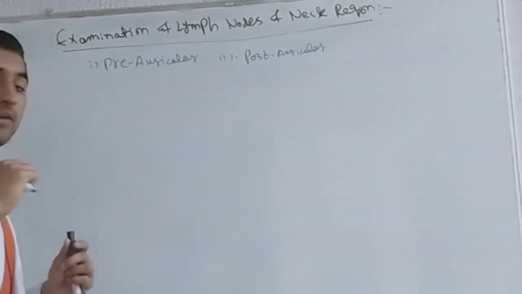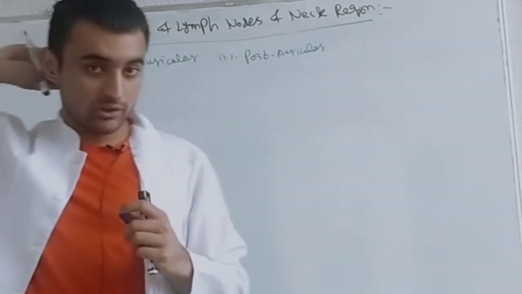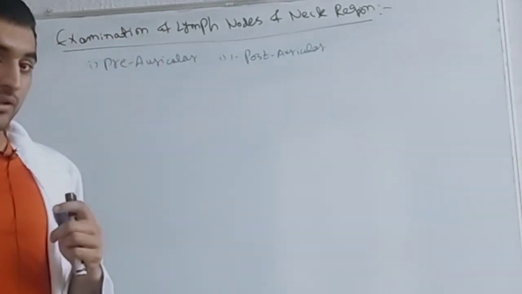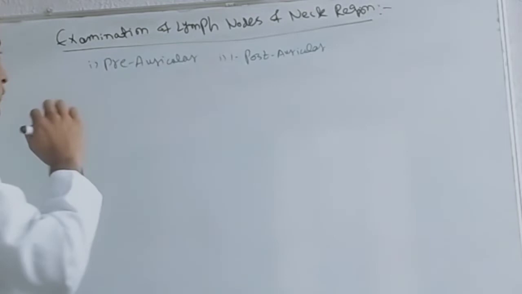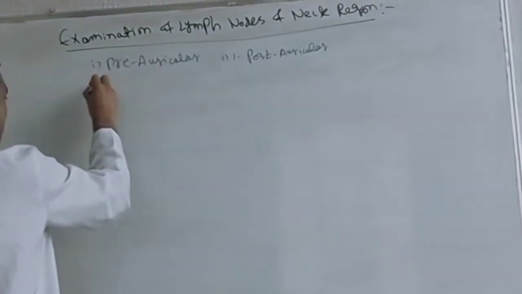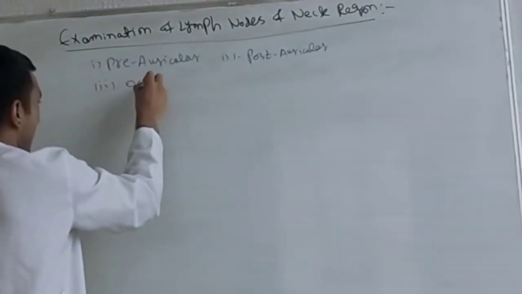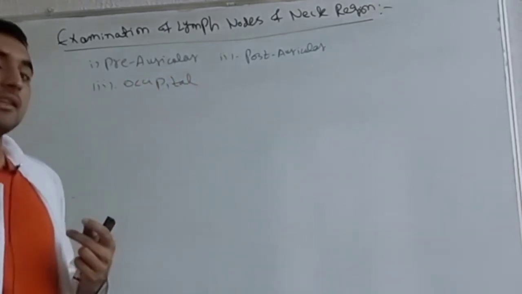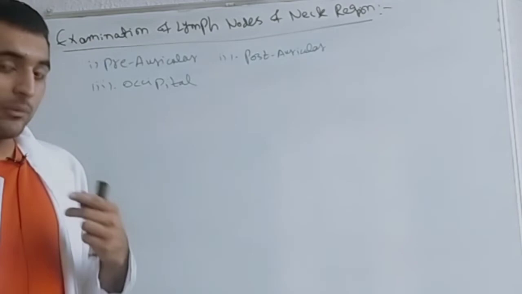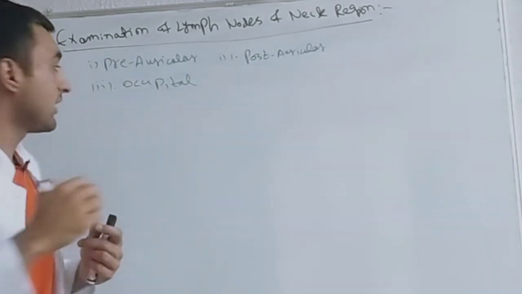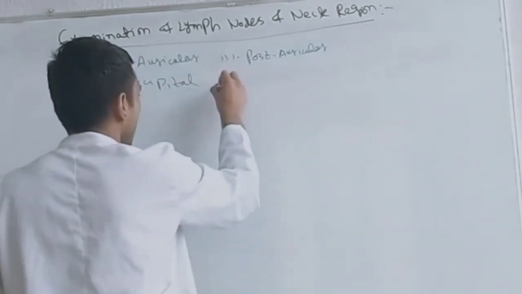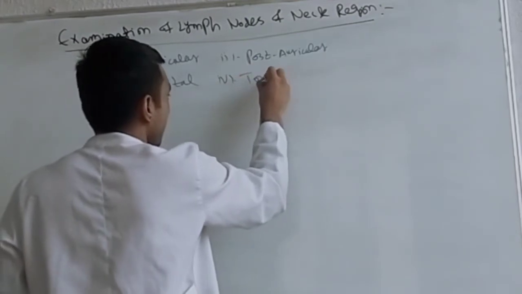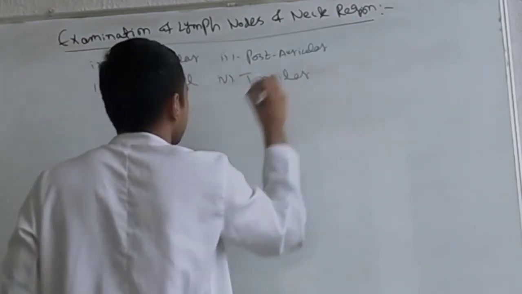After this, the third lymph node is the occipital lymph node, in the occipital region behind the occipital bone. Then right beneath the ear, number 4 is the tonsillar lymph node.